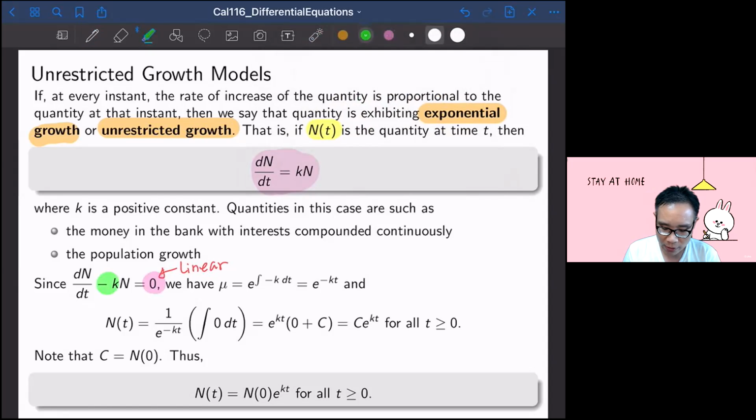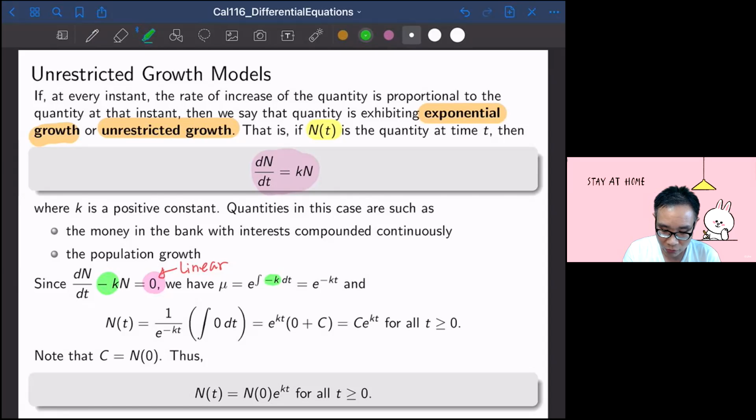You're going to find mu by integrating negative k dt. This one is with respect to time, so it's not dx. So mu equals e to the negative kt.